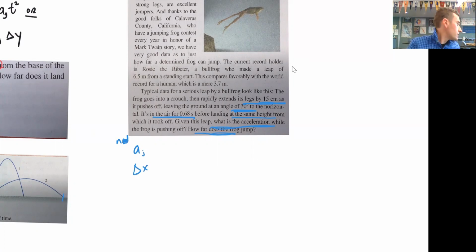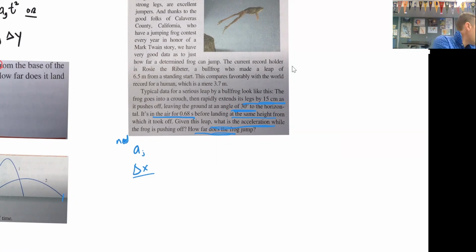For this one, I'm going to solve for how far it goes first, because I have time data and angle data, and that would help me figure out where it's actually going. I don't think I need the acceleration in order to do that.